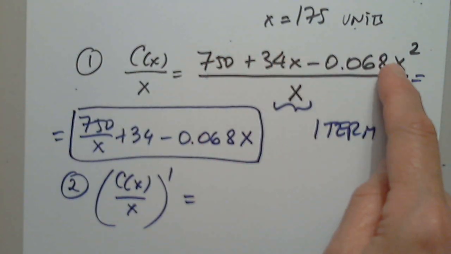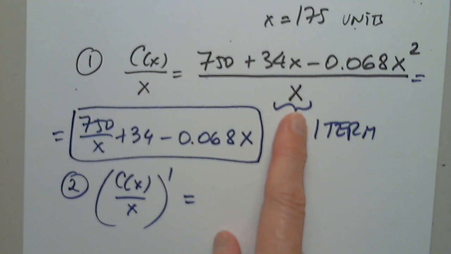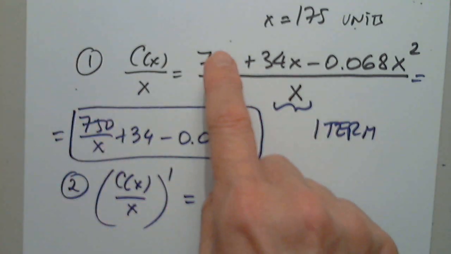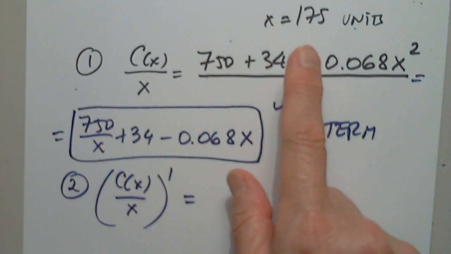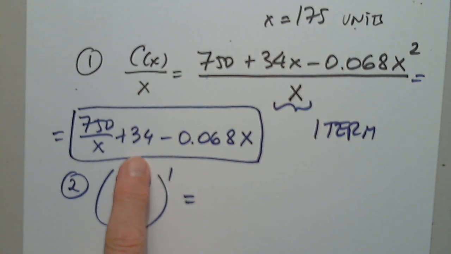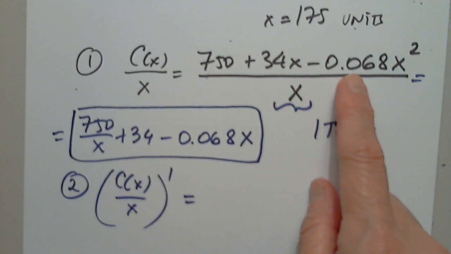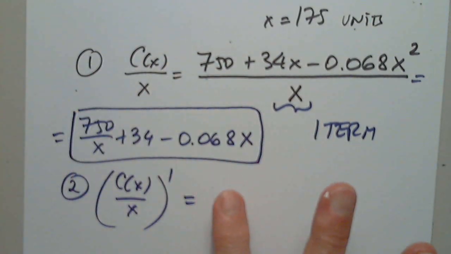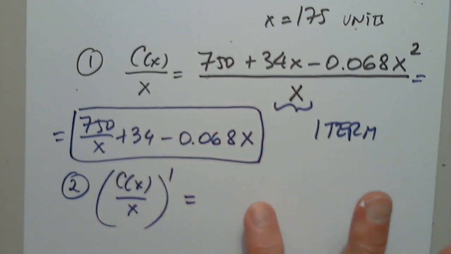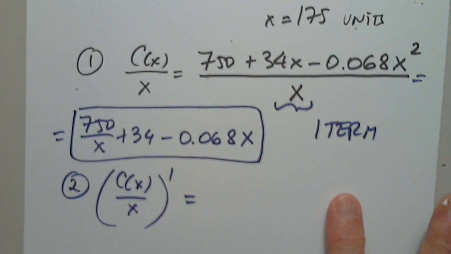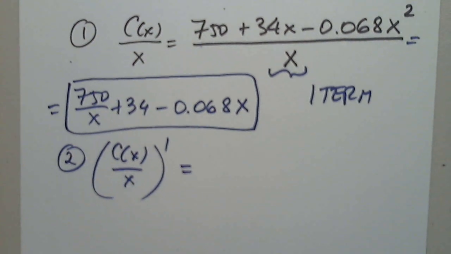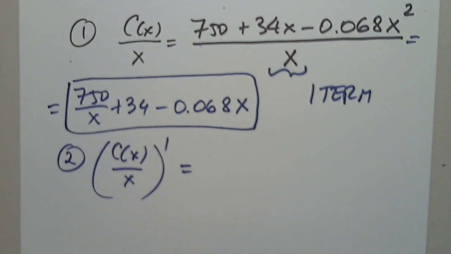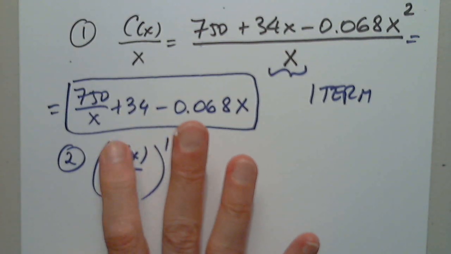Because I had three terms at the top and only one term in the denominator, I can separate into three fractions: 750 over x, 34x over x, which simplifies to this, and negative 0.068x squared over x, which simplifies to this. Now, please differentiate this and tell me what to write, to find the rate of change of the average cost.